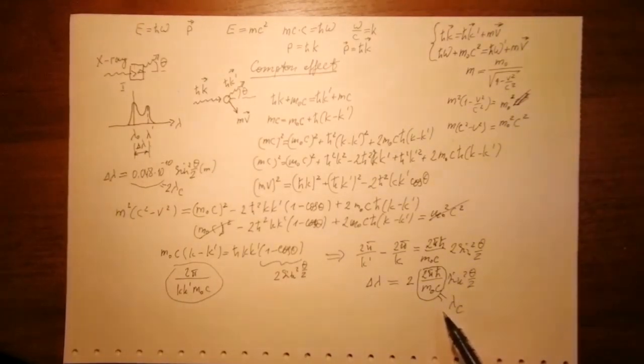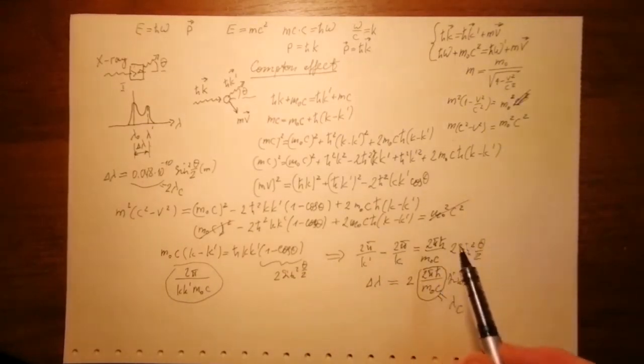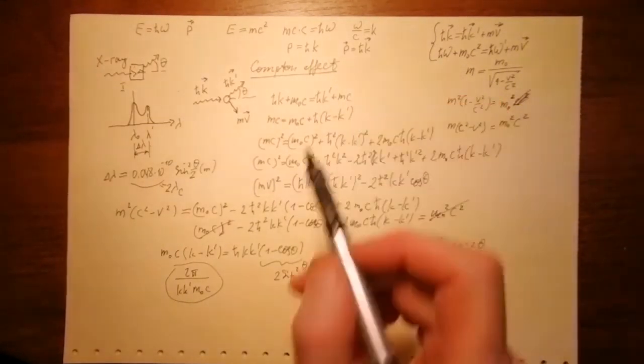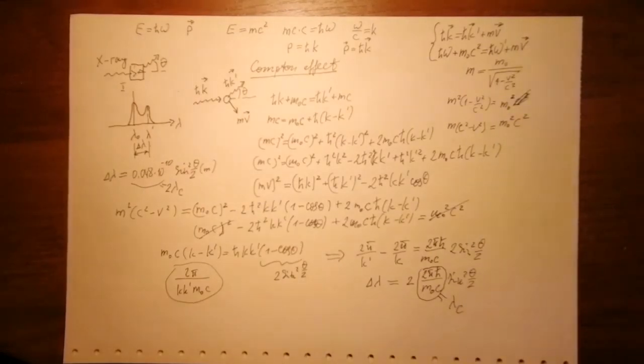Thus, we can say that the Compton effect proves that indeed each photon has a momentum, and this momentum is p equals hk.